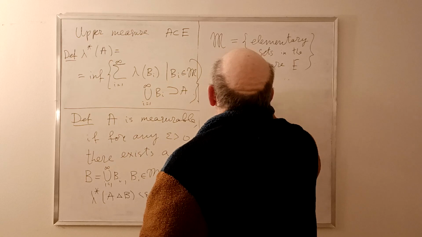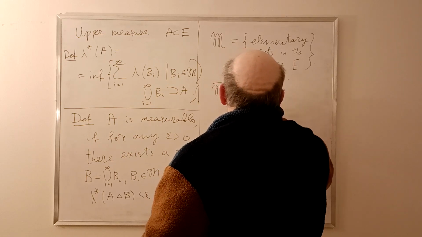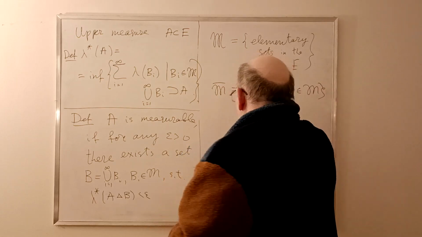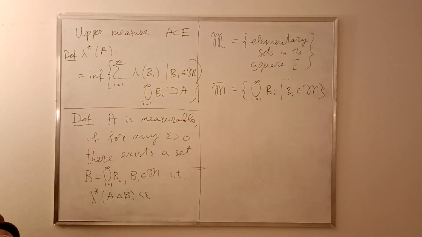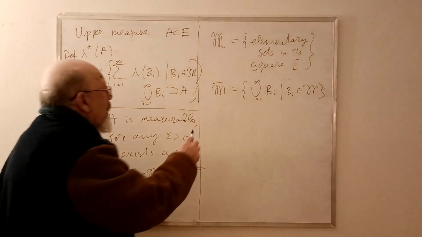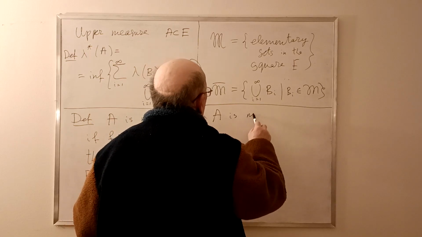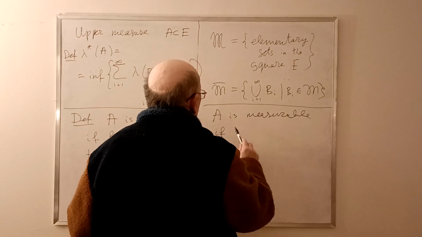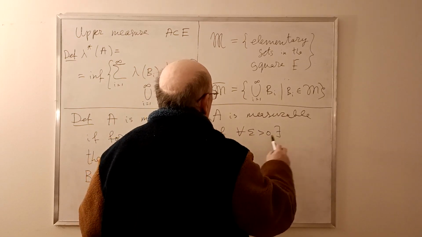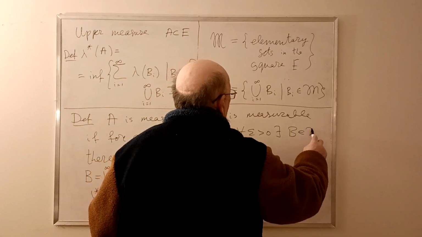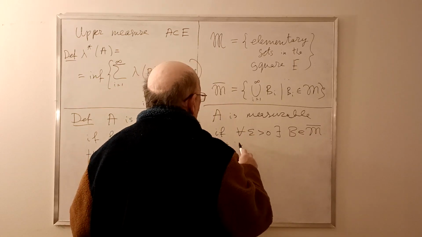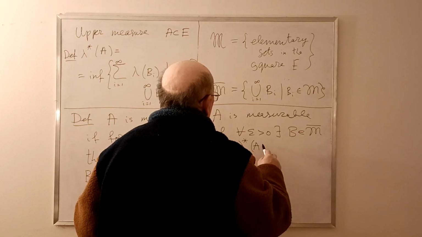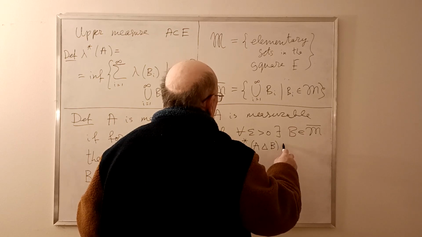Say M bar equals the set of unions of Bi such that Bi are in M. So A is measurable if for any epsilon there exists a set B in M bar such that the upper measure of A symmetric difference B is less than epsilon.